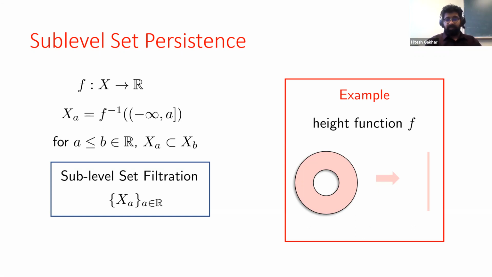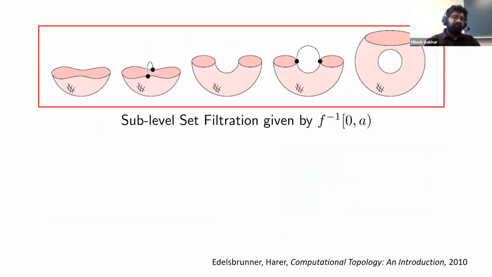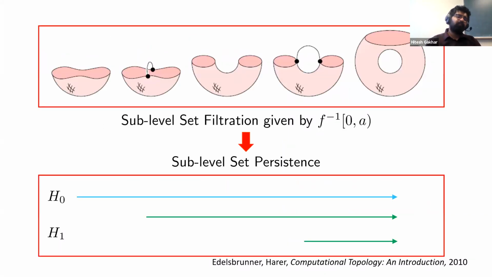The example we saw was this height function where you have this two-torus, and you're starting from the bottom point at zero. You're calculating the height of each point, and that's the function you're assigning to this space. We saw what happens as this filtration value grows.